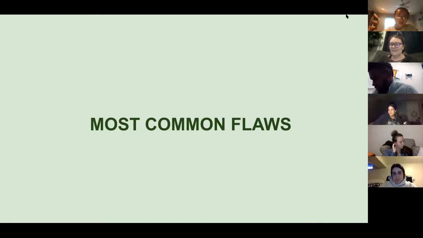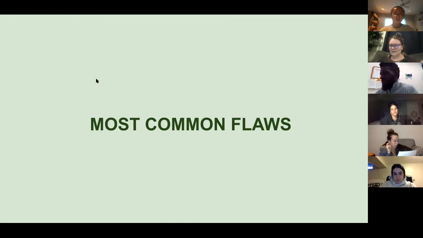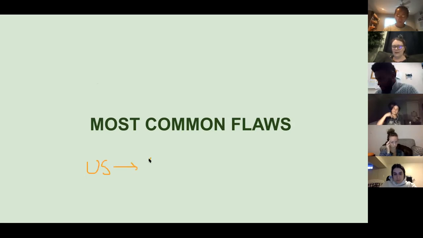Another one is conditional flaws. And that's whenever we confuse sufficient for necessary. So whenever we take something that would be sufficient for an outcome and act as if it's necessary. We talked about this when we talked about conditions, but what this would look like is, if I lived in Ohio, that's sufficient for knowing that I live in the US, right?